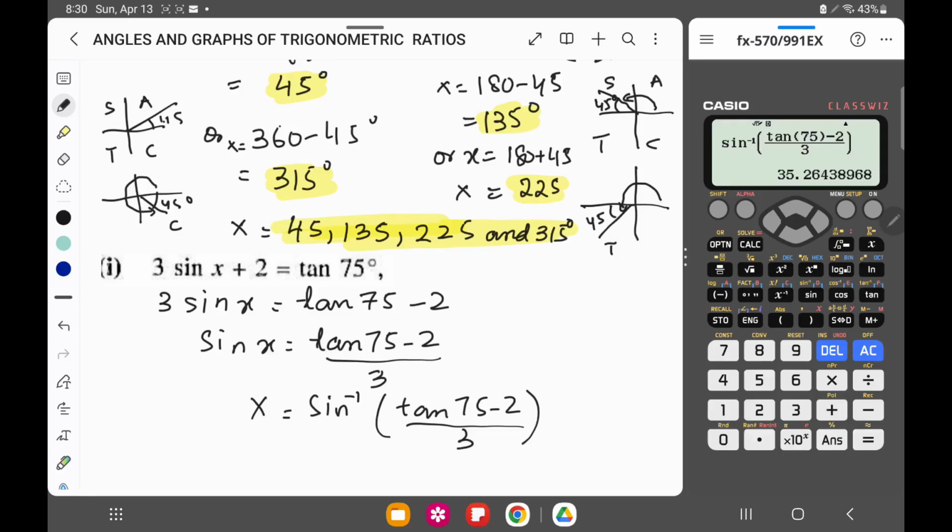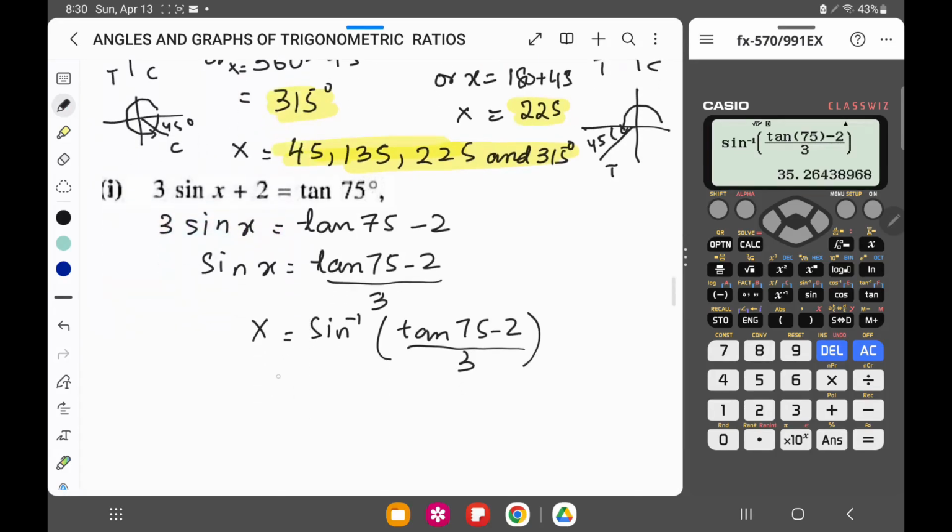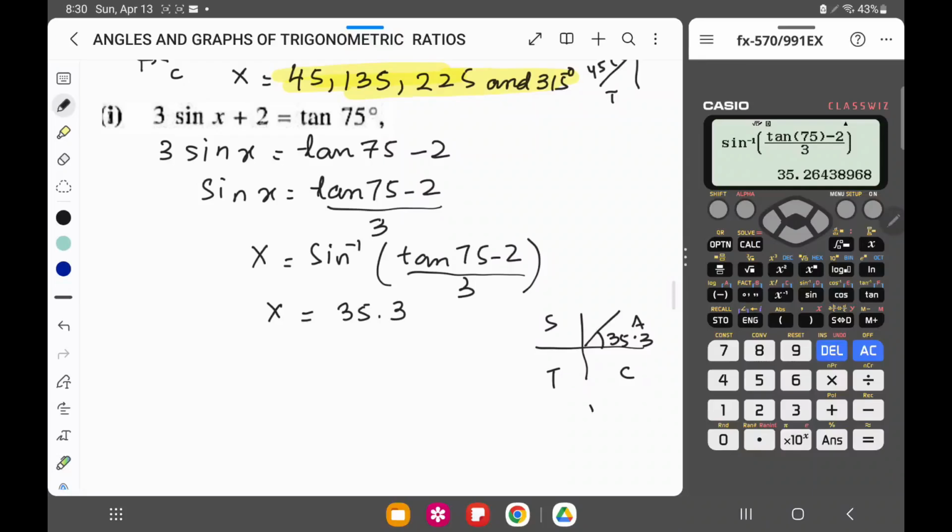35.3 degrees up to 1 decimal place rounded off, and it is positive, so obviously the basic angle is in the first quadrant, or it will also come in sine positive in the second quadrant.